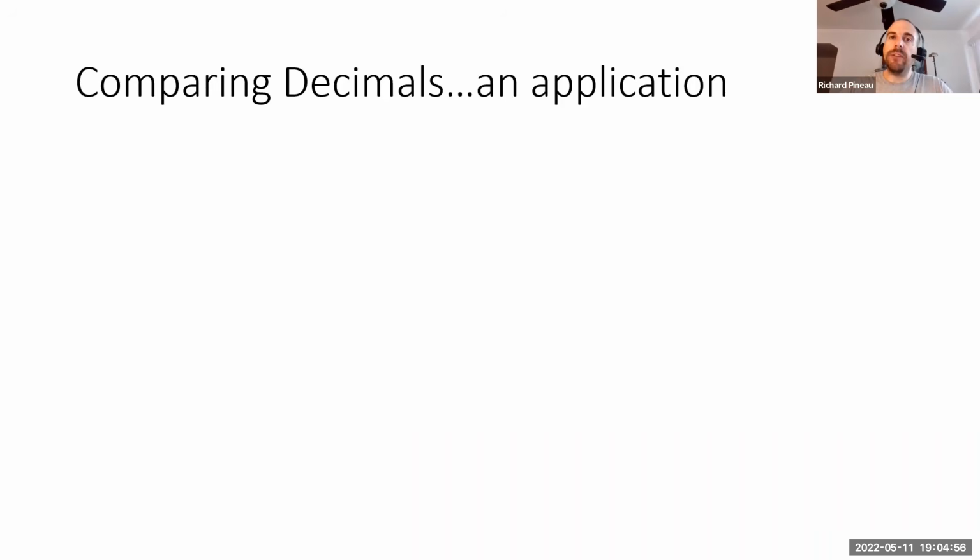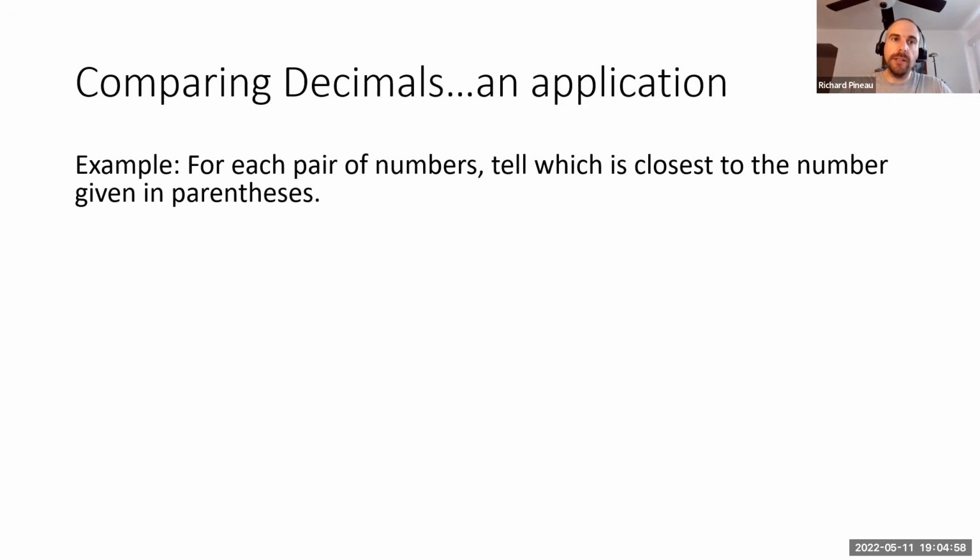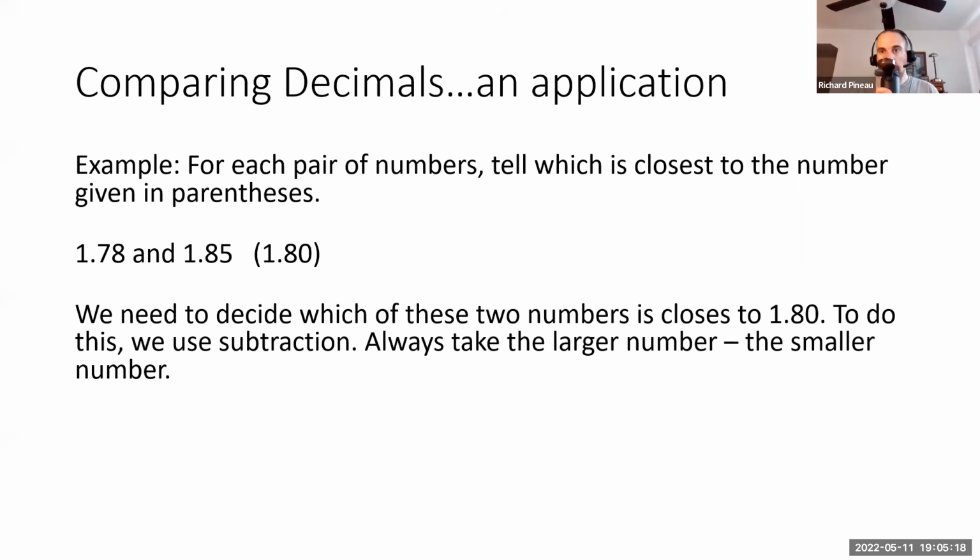Now we have an application of comparing decimals. For each pair of numbers, tell which is closest to the number given in parentheses. This is something you're going to need to be able to do. Let's suppose we have 1.78 and 1.85. Which of these two is closest to 1.80? How do I figure this out? We use subtraction.